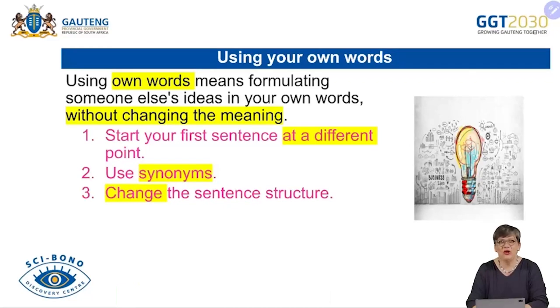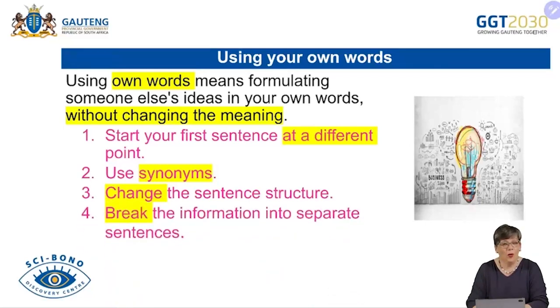For instance, you can change it from active voice to passive voice. Or you can break some of the information into separate sentences. By doing that, the examiner will know that you know how to write in your own words.